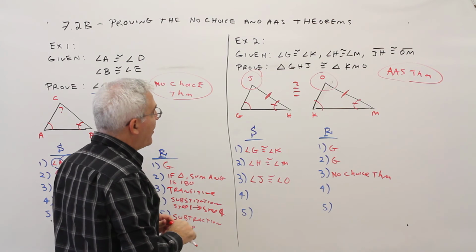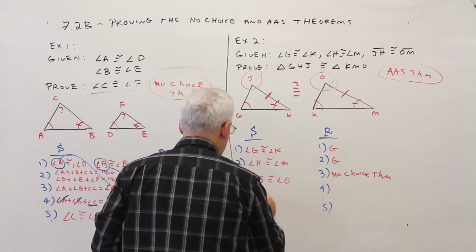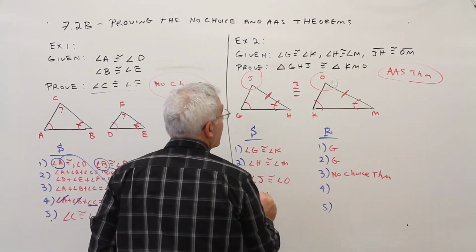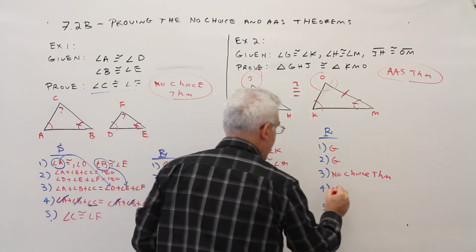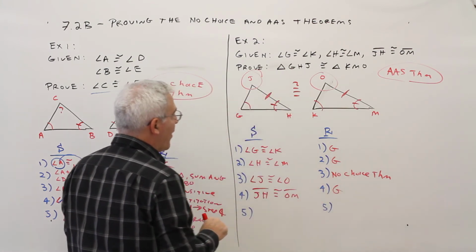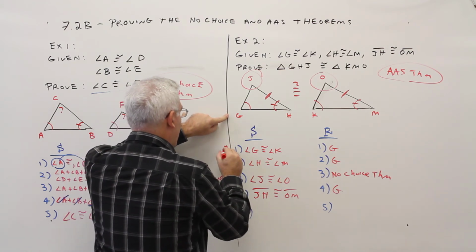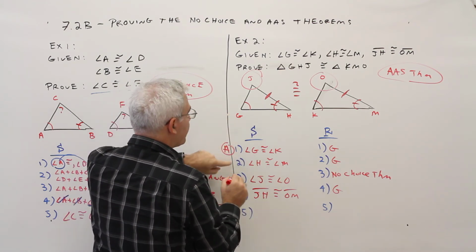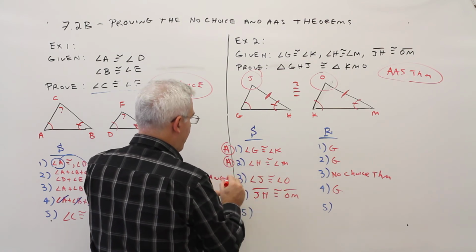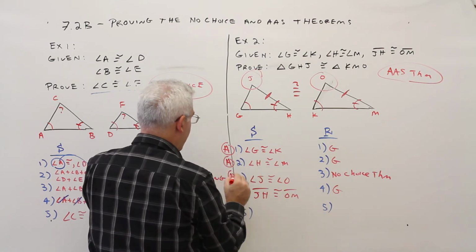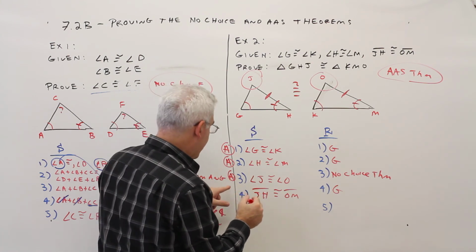Okay, and then I've got the sides. JH is congruent to OM, that was given. So as far as my triangles, here I've got an angle, here I've got an angle, here I've got an angle. So I actually had all the angles.